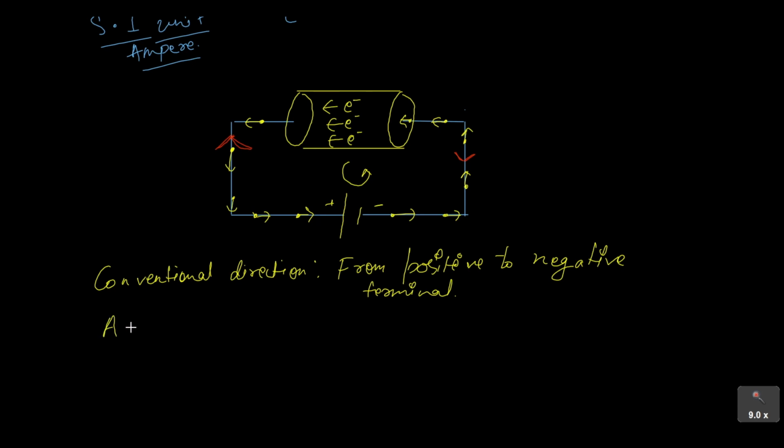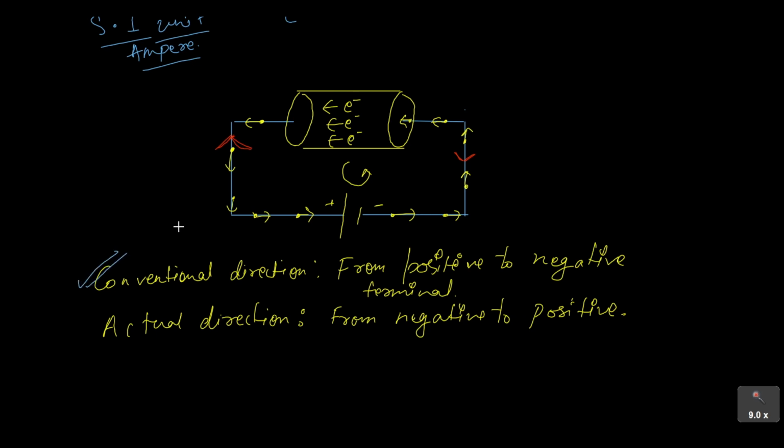The actual direction is from negative to positive. Always remember, the direction we are going to use is the conventional direction, from positive to negative terminal. We are always going to make the direction of the current from positive to negative terminal.